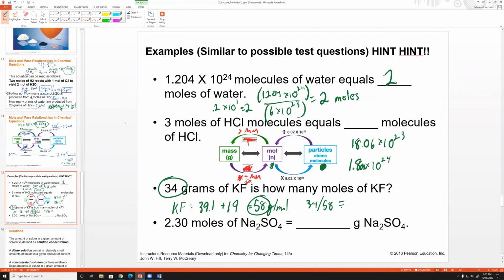Nobody did it. That's not good. 0.58. Good, I think. Let me see. 34 divided by 58. Yep. Well, technically it's 0.586, but we can make that 0.59. But good job. That's how many moles it would be.